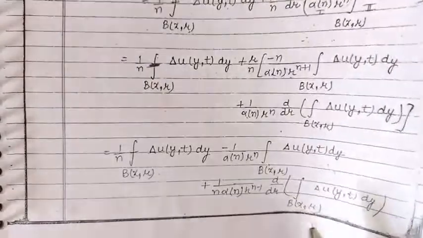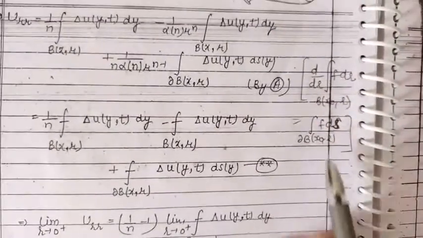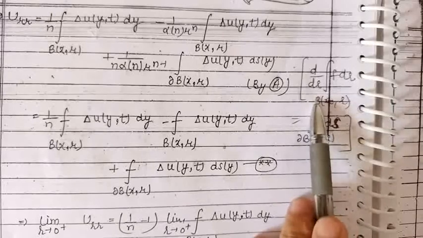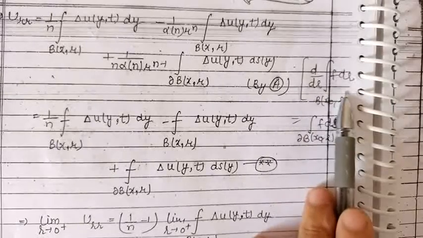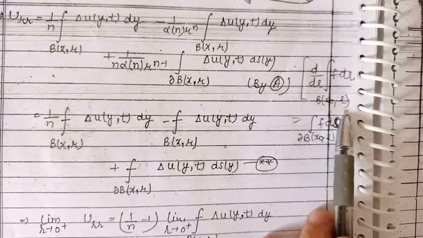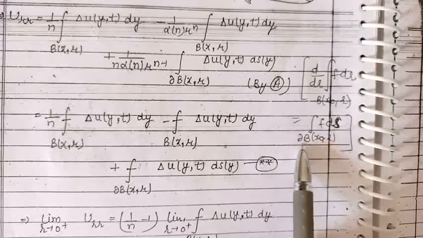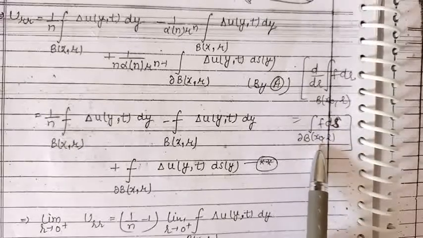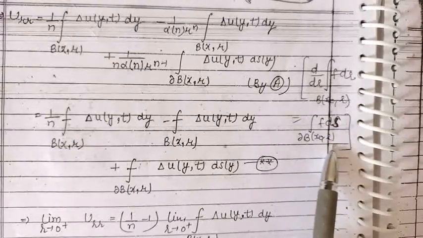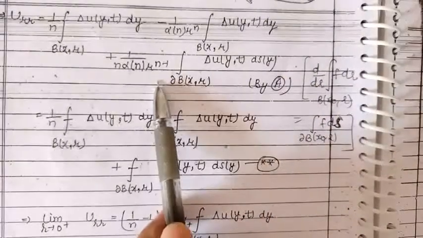So let us simplify the last term in this expression by using this formula. The derivative of the integral of a function over a ball with center x naught, radius r is given by the integral of the function over the sphere with center x naught and radius r. So we have used this formula in the last term.